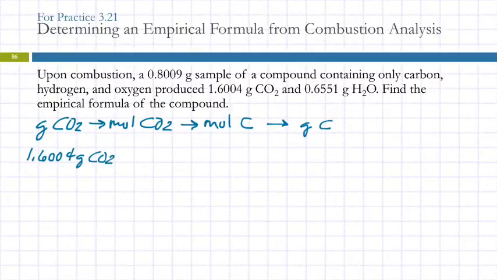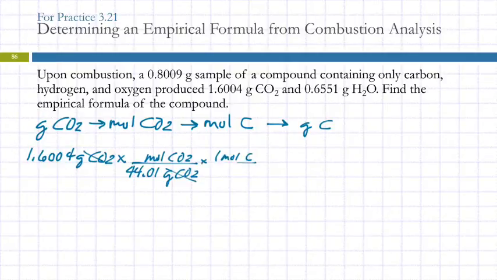So there's my grams of CO2. And I'm going to multiply by moles of CO2 per gram. We already did this, so we've got the numbers. Oops, I don't want to cross out the number, just the units. And then the ratio, 1 mole of carbon to 1 mole of CO2.